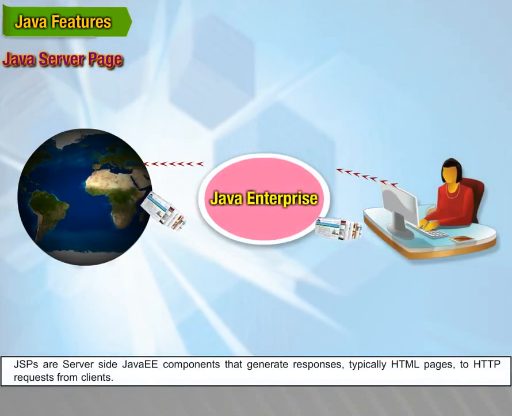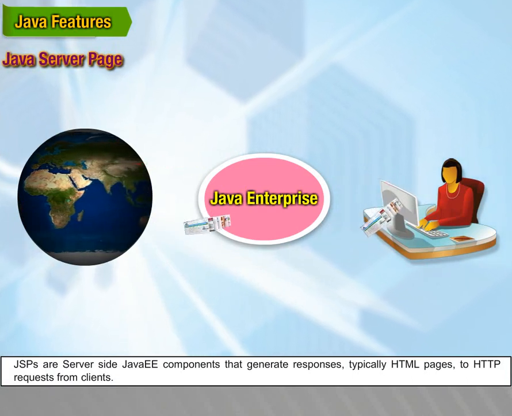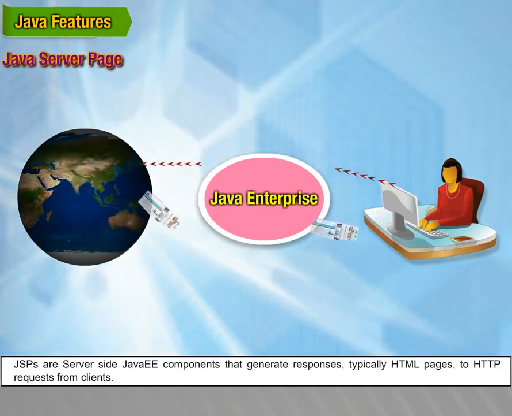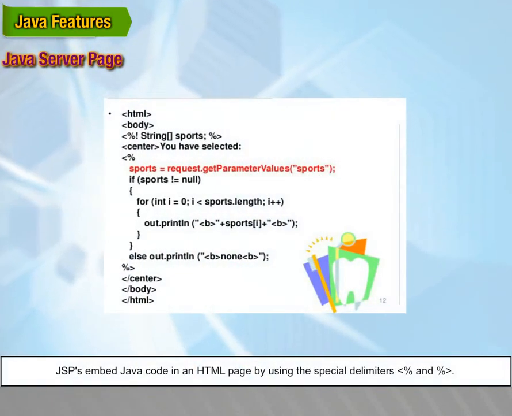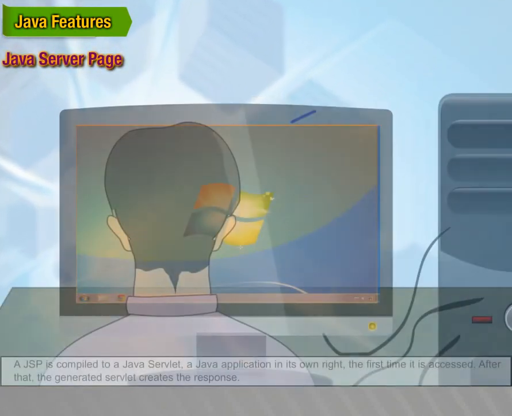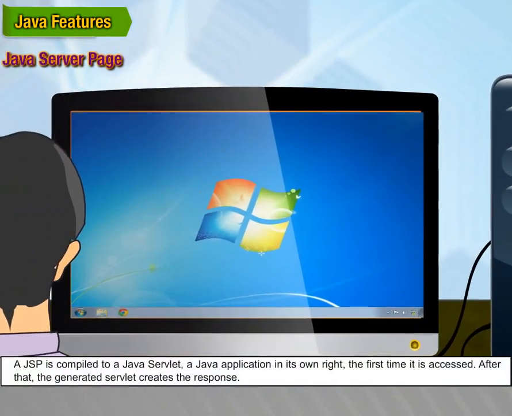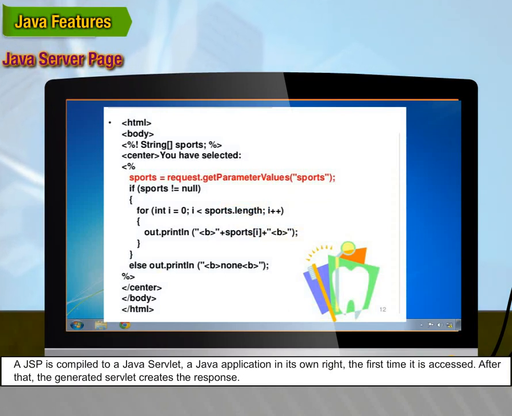JSPs are server-side Java EE components that generate responses, typically HTML pages, to HTTP requests from clients. JSPs embed Java code in an HTML page by using the special delimiters <% and %>. A JSP is compiled to a Java servlet, a Java application in its own right, the first time it is accessed. After that, the generated servlet creates a response.